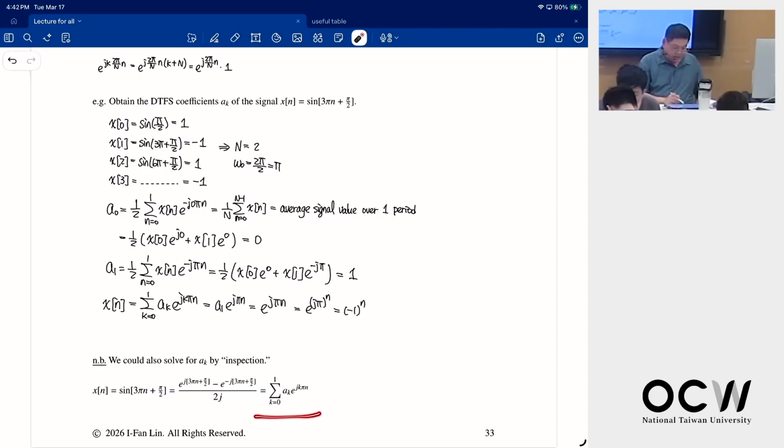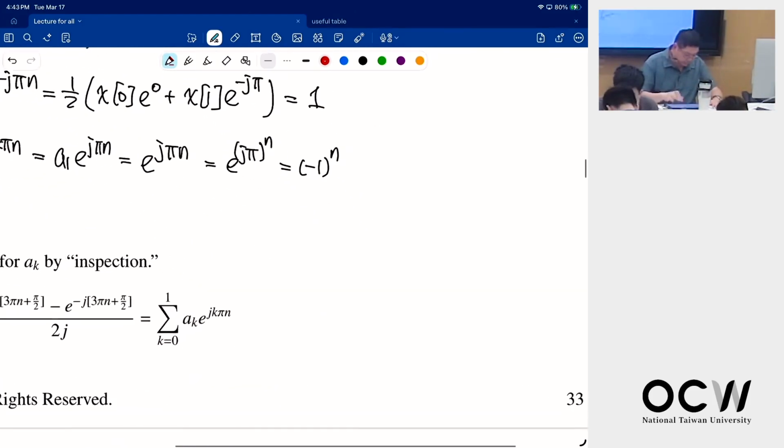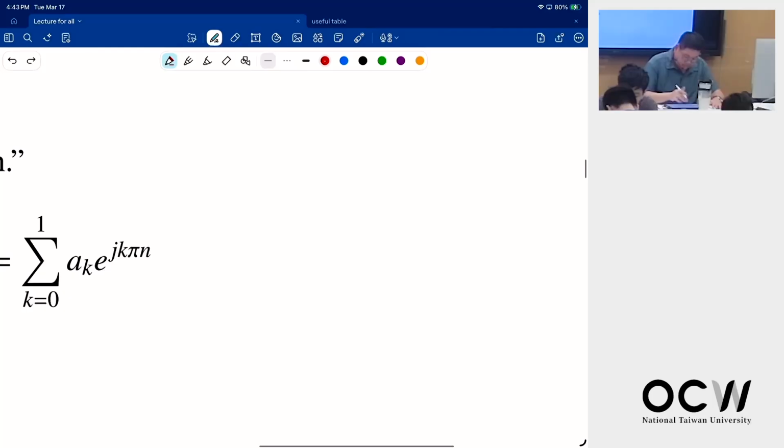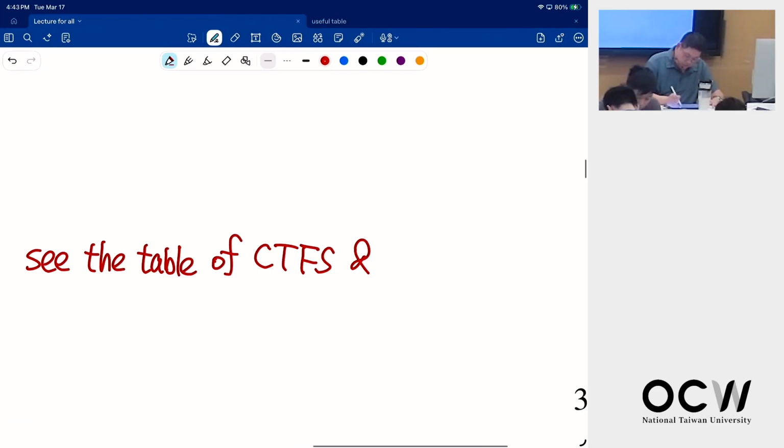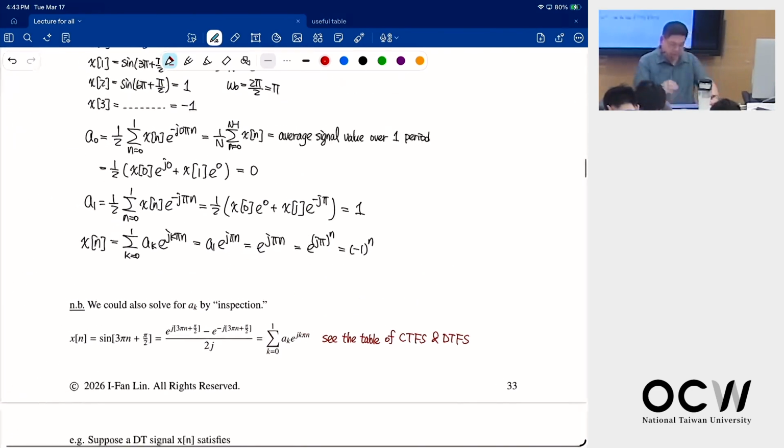And here you can also see the table of continuous time Fourier series and also discrete time Fourier series. So you don't really have to calculate, just check the table.